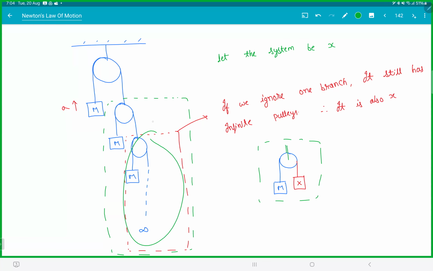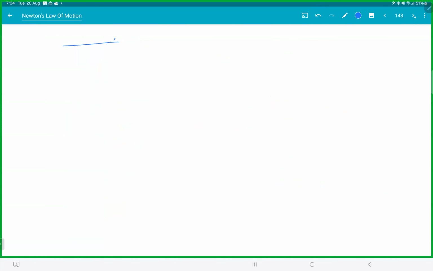The M equivalent of this is 4MX by M plus X, but this is also equal to X. When you solve this, X is equal to 3M. That means the entire right side pulley can be replaced with one single block M, and this can be replaced with 3M.